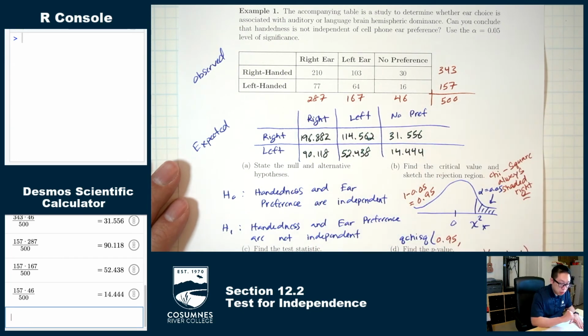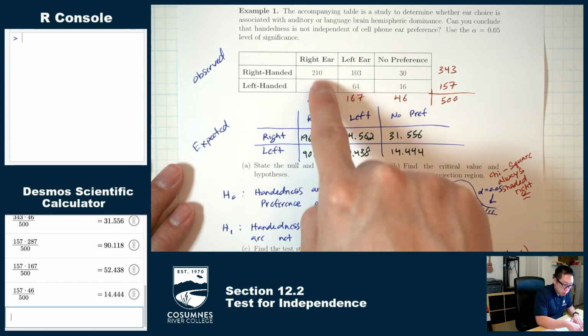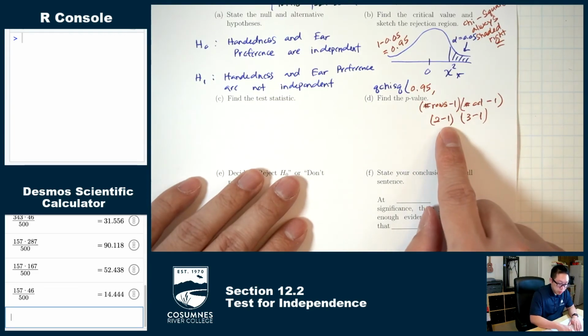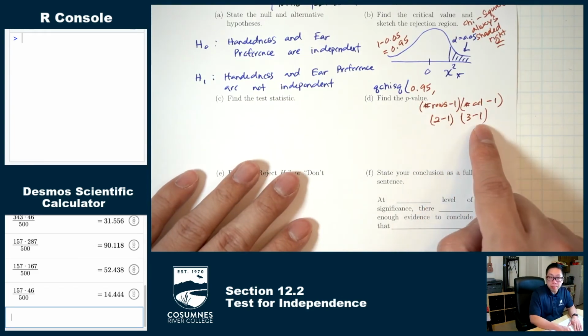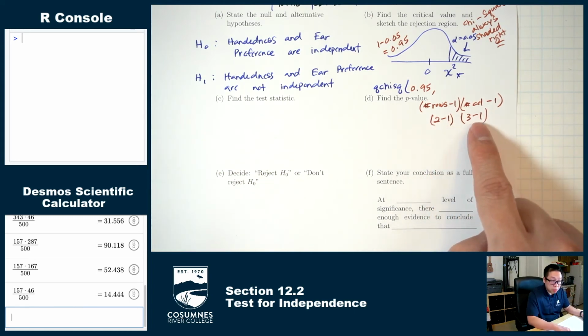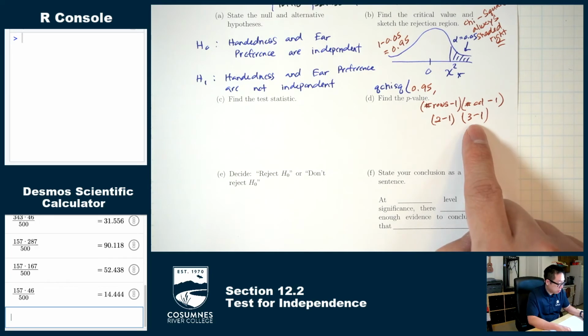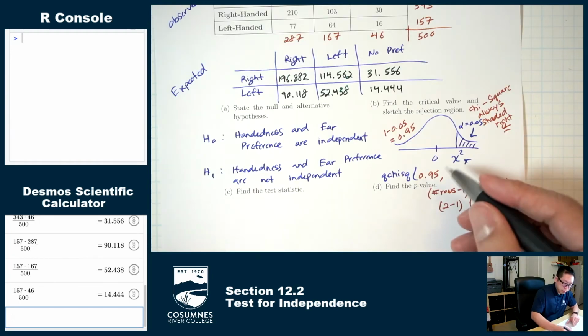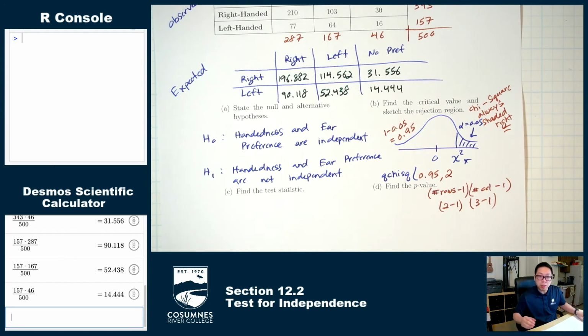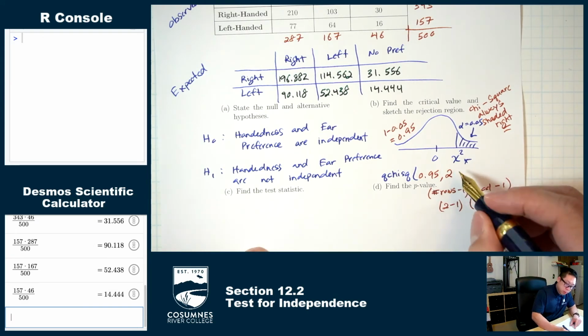So just the original numbers, which are, there's 2 rows and there's 3 columns. So 2 rows, 2 minus 1. 3 columns, 3 minus 1. 2 minus 1 is 1. 3 minus 1 is 2. So this is really just 1 times 2, which is 2. So we're doing Q chi-square 0.95 comma 2.